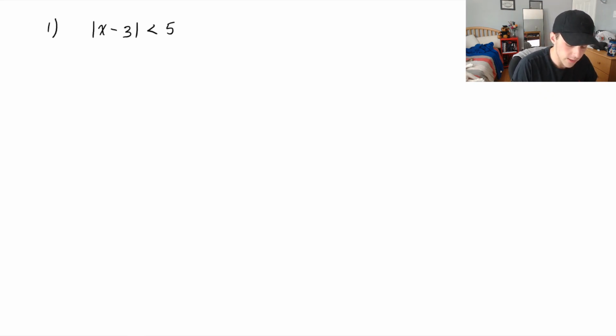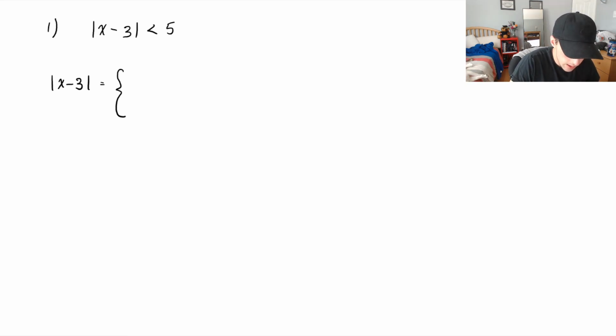And I need to remind you how inequalities work in case you've forgotten. So x minus 3. If this had an absolute value sign around it, we're going to write this as a piecewise function to fully understand how the absolute value works. We know that absolute value turns whatever we have positive, right?